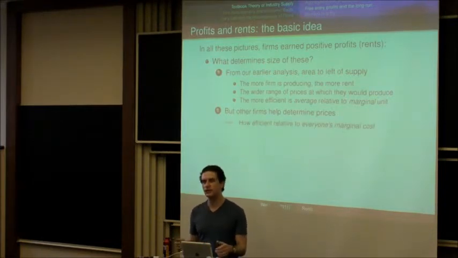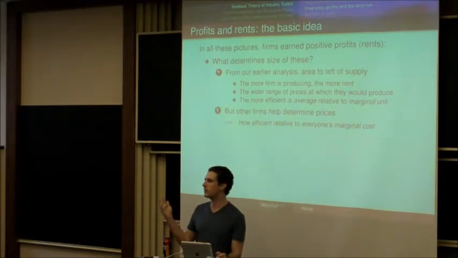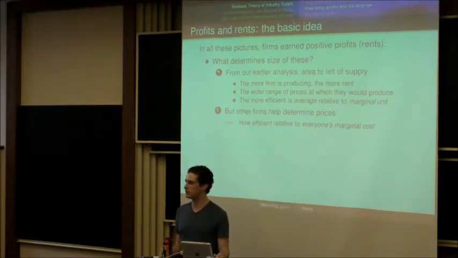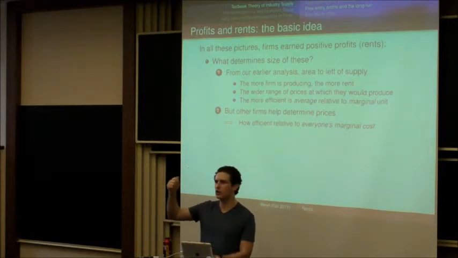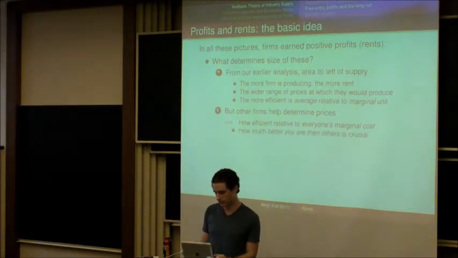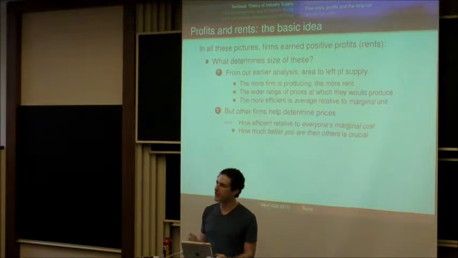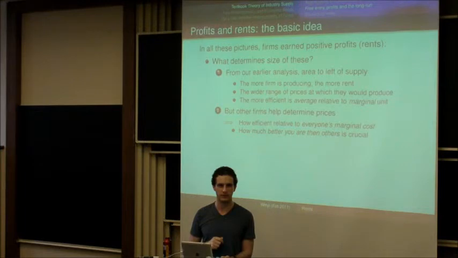And so the key is going to be how efficient you are relative to everybody else's marginal cost. If on average you can produce things efficiently compared to the marginal cost of everybody at the margin, which determines the price, you're going to be earning a lot of profits. So the key is how much better you are than other people, effectively, right?